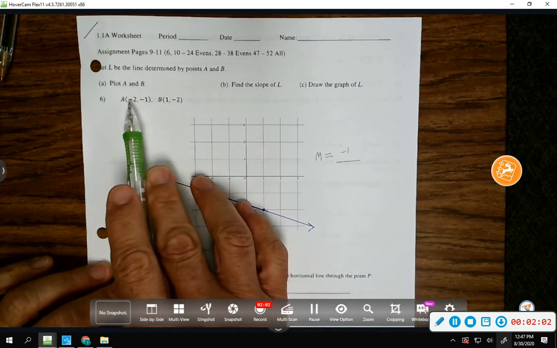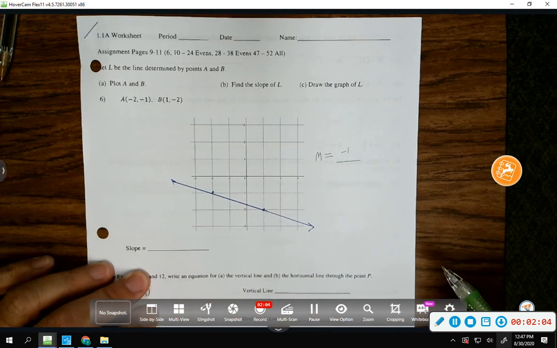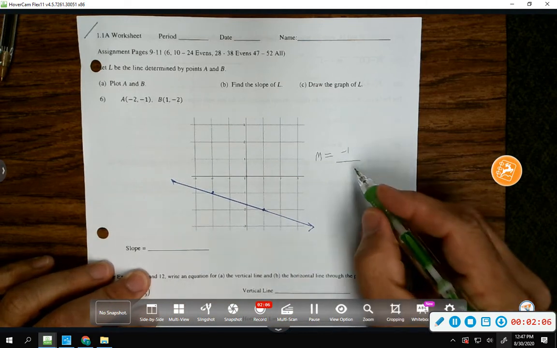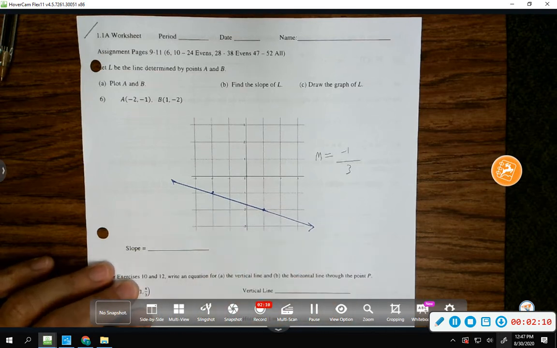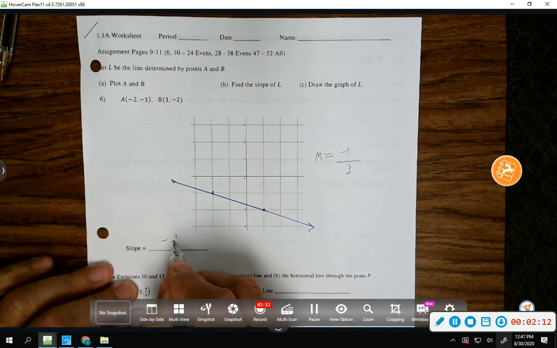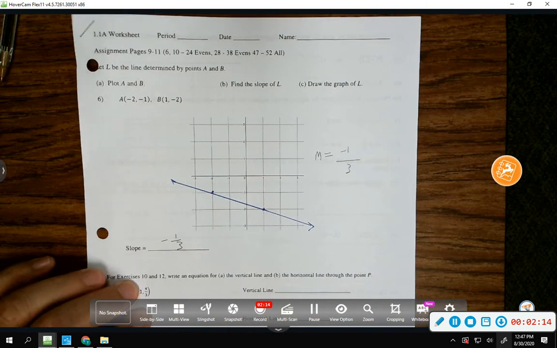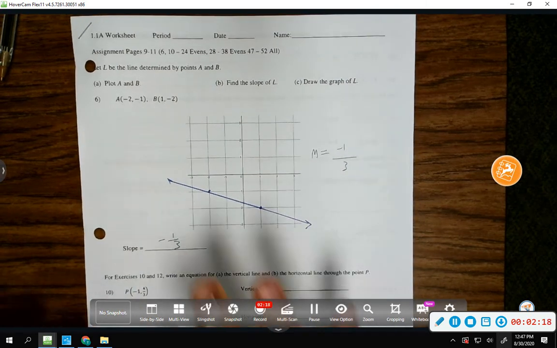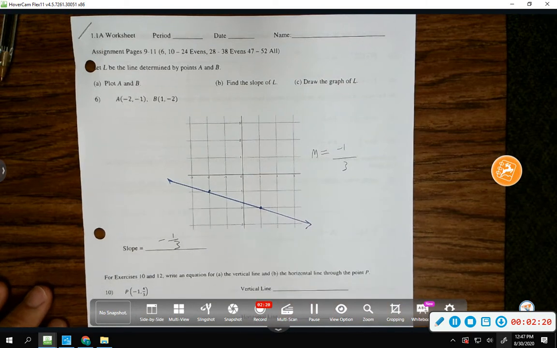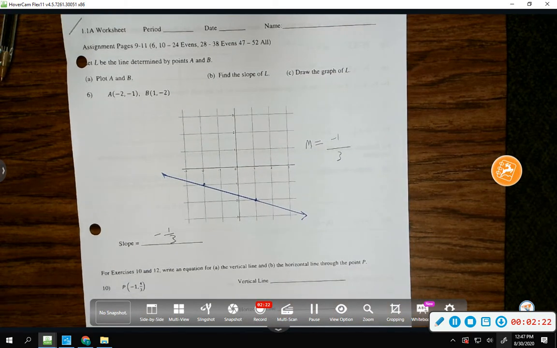And 1 minus -2 becomes 1 plus 2, which is 3. See if it makes sense. Down 1 over 3, there it is. A lot of times I'll have a blank, and I want you to put it there because when you send me pictures of this and submit online, I want everything to be where it should be for grading purposes.